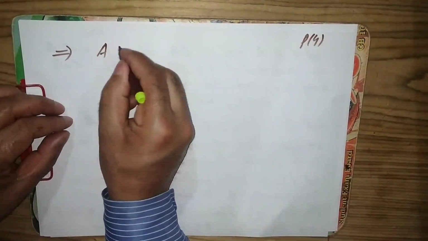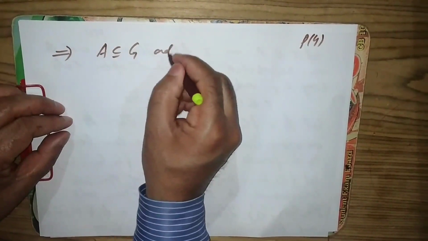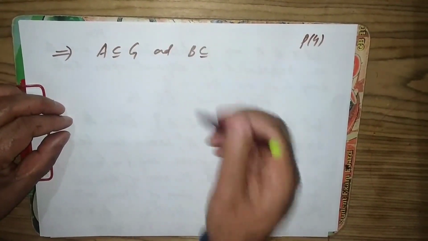So this gives A is a subset of G, and B is a subset of each Hi.